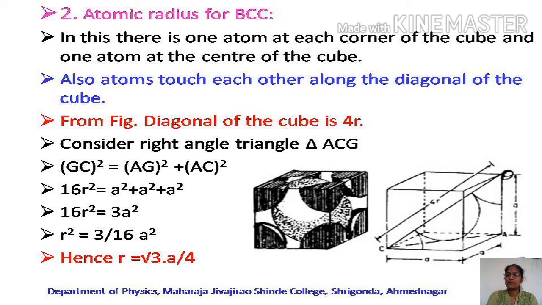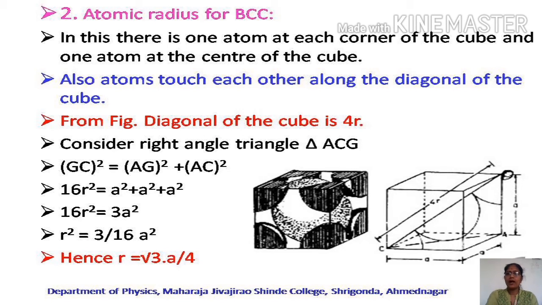Substituting values and solving the same, GC square is equal to 4R square, that is 16R square, is equal to A square plus A square plus A square, that is 3A square, and R square is equal to 3 upon 16 into A square.